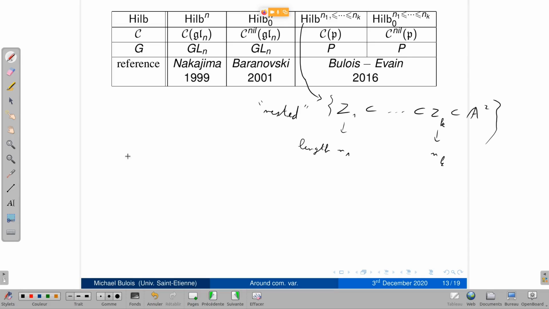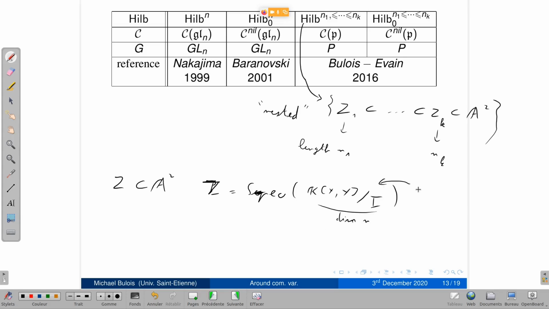What is the connection? If you start with a subscheme Z included in A2, Z is just spec of k[x,y] mod I. This is of dimension n, and you can act by multiplication by x and by y.